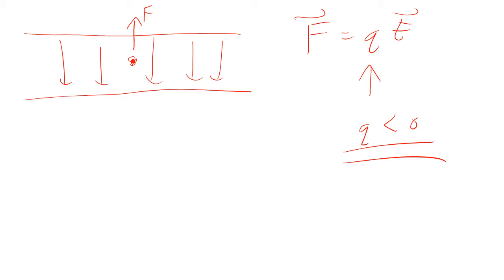So the Q must be negative here in order for this to work. Okay, so that means that the equation that we just derived, in which we said that Q was mg over E, we need to have a minus sign in there, because we need this to be negative.